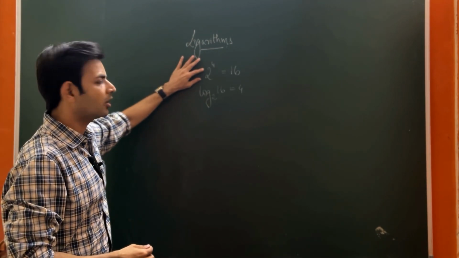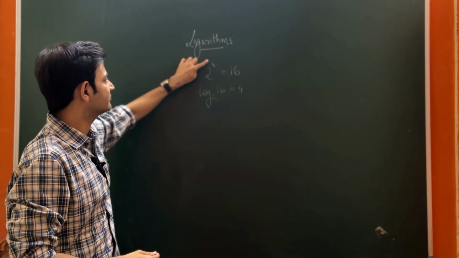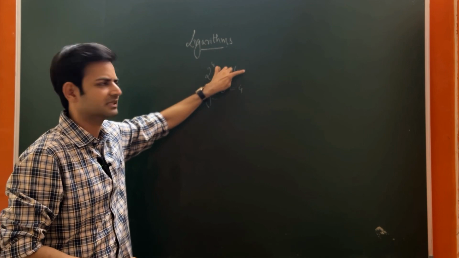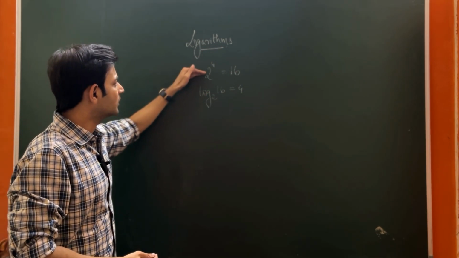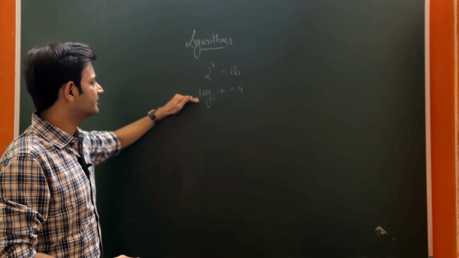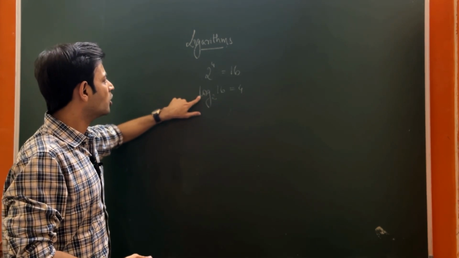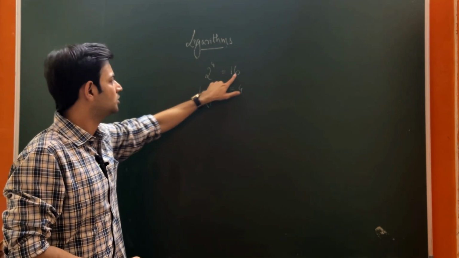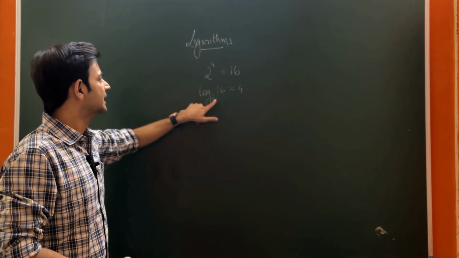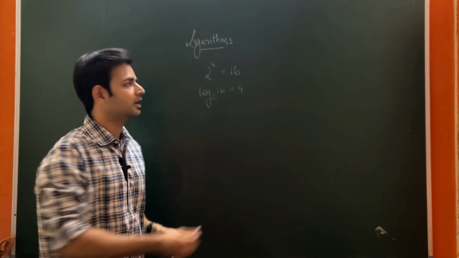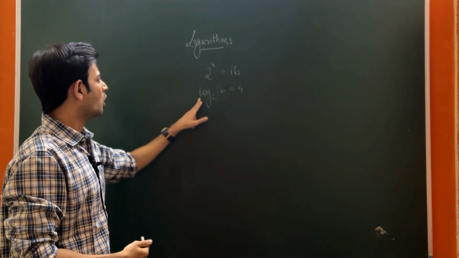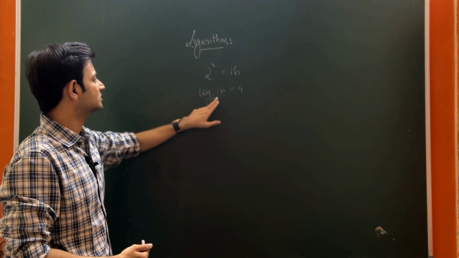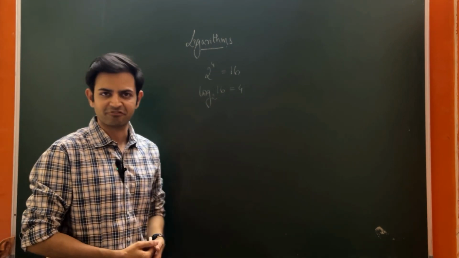The exponential form here is 2 to the power 4 is equal to 16. This is very much self-explanatory, of course. If I have to convert this into logarithmic form, then log of 16 to the base of 2 is equal to 4. So the power here becomes the number on the RHS. So log 16 to the base 2 is equal to 4.